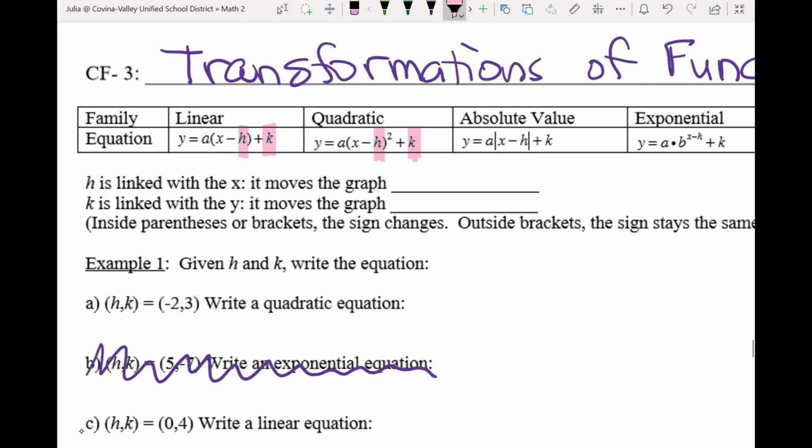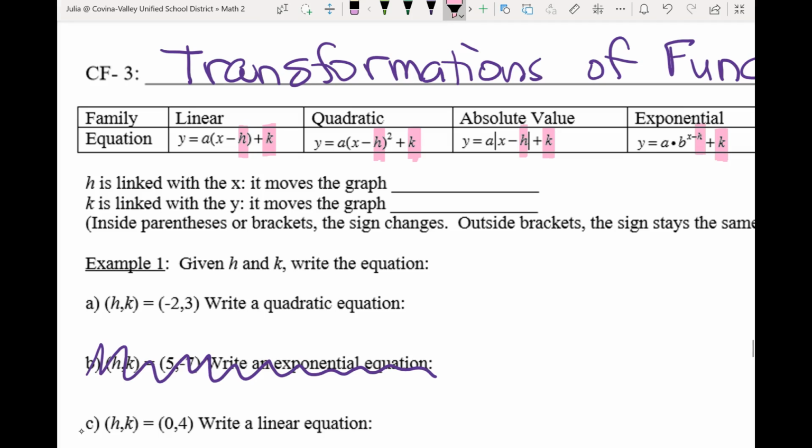That's the transformation part. An h is linked to the x value and it moves with the x. So if it's moving with the x, which way would it be going? Left to right. The x value is all your left to right axis.